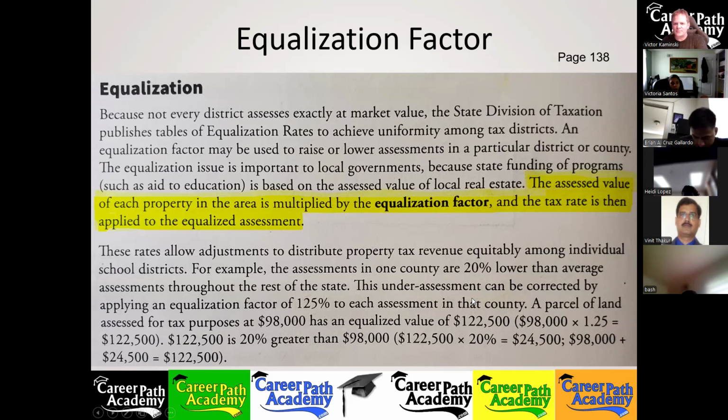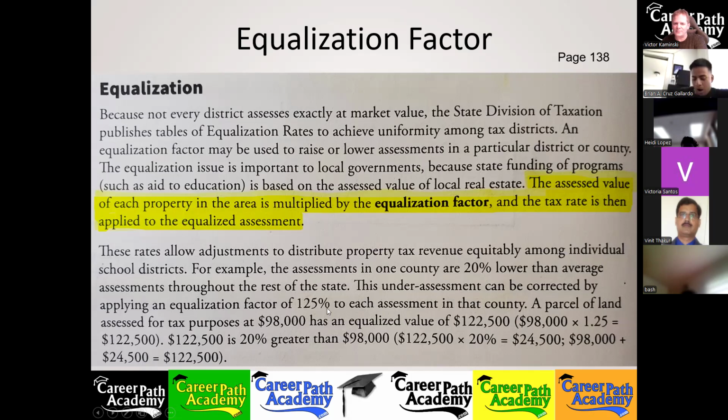This underassessment can be corrected by applying an equalization factor of 125% to each assessment in that county. So it would basically raise it by 25%. So a parcel of land assessed for tax purposes at $98,000 has an equalized value of $122,500, which then the taxes will be calculated on that higher amount.